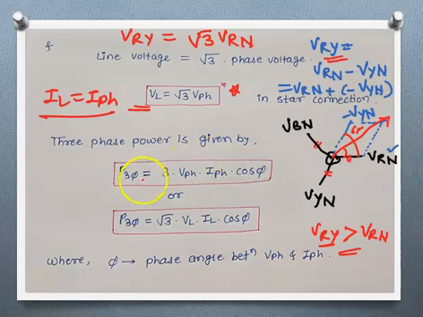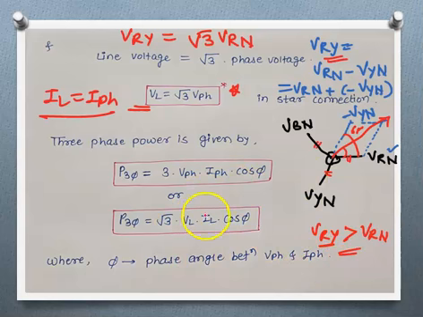So three-phase power will be 3 into VPH into IPH into cos phi, 3 times single phase power. If we want this in terms of line voltage and line current, then three-phase power will be √3 times VL IL cos phi, where phi is the angle between voltage and current.